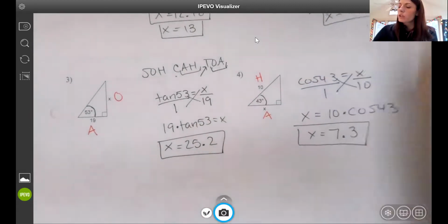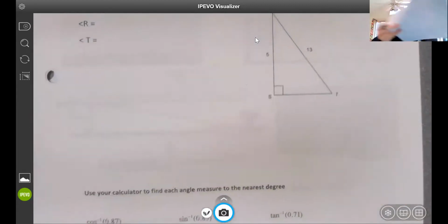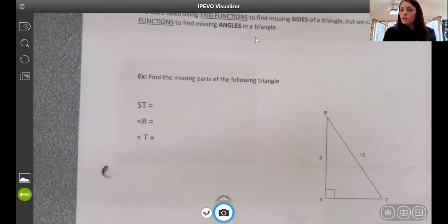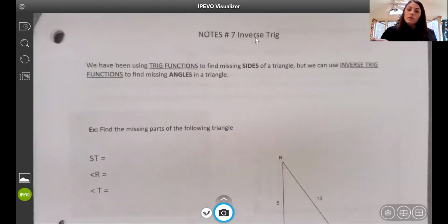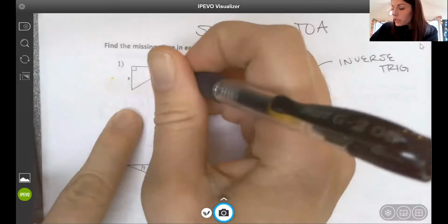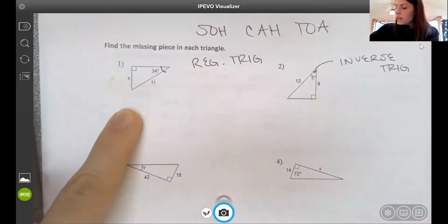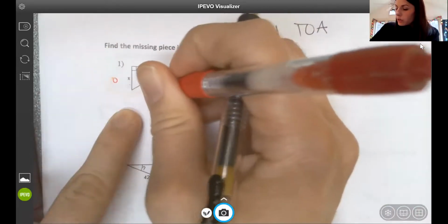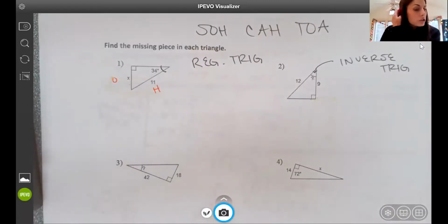Now, today we're going to look a little bit more at trig, and we're going to take some quick notes. Notes number 7 on inverse trig. So if you can find your notes real quick, I'll give you a moment. Okay. So on my first one, regular trig, here's my angle. I would say I have opposite and hypotenuse here. So which trig function should I use?